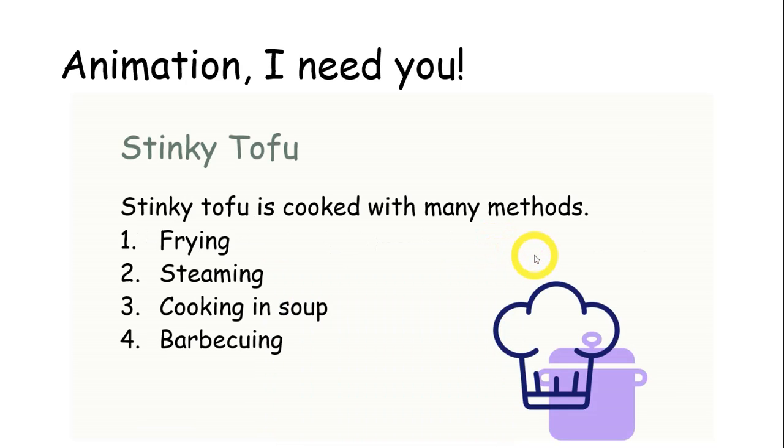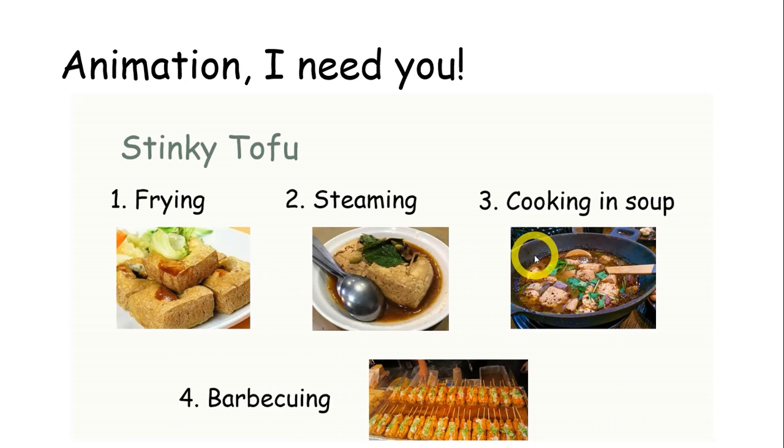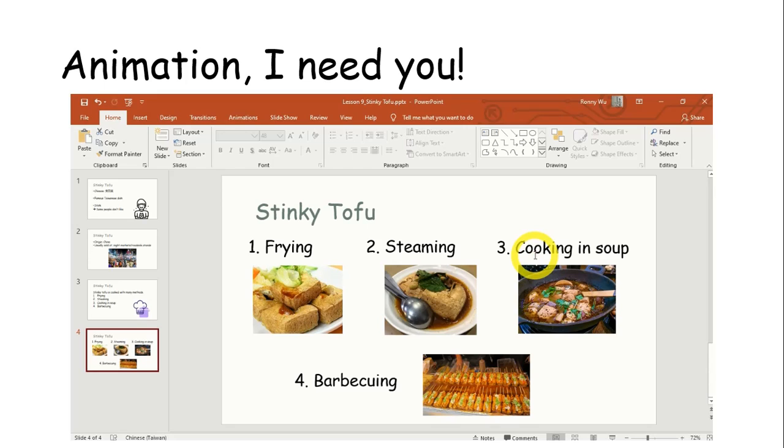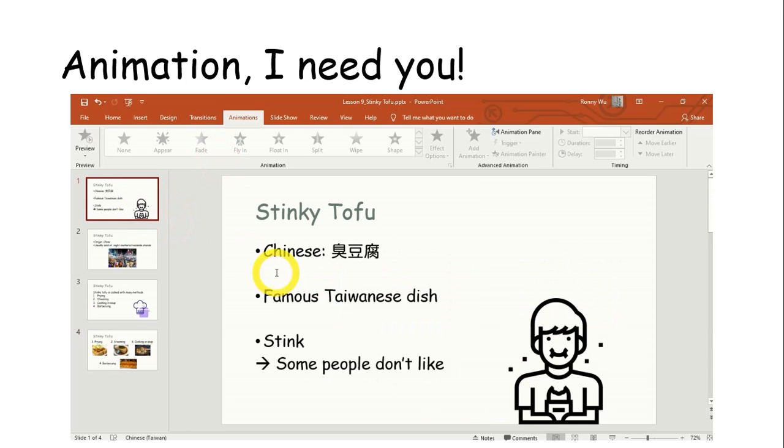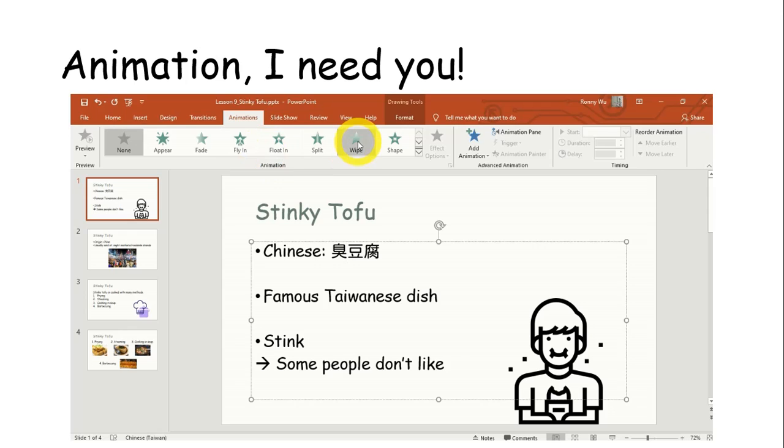There is still a lack of animation, so it seems a little bit boring. So now, I want to add animation on this object. Find Animation from the toolbar. Click on it, and choose this animation.